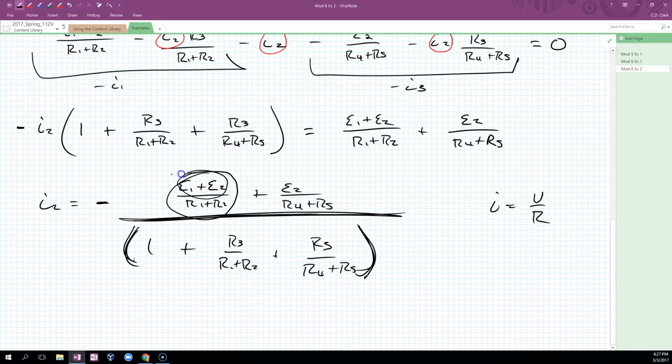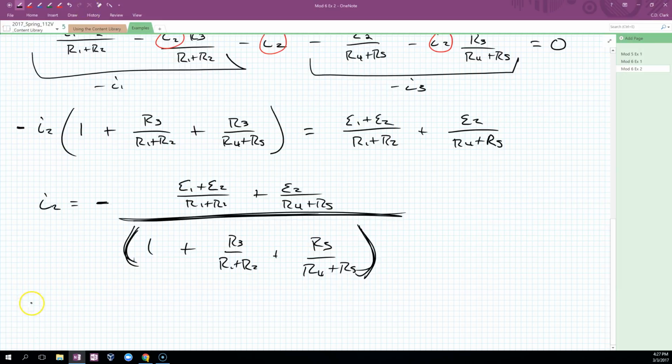A voltage plus a voltage is a voltage, a resistance plus a resistance is a resistance, so that is volts over ohms. Same thing here, volts over ohms. Down in the denominator, I've got 1, which is dimensionless, and resistance over resistance terms, which are dimensionless as well. So the denominator is dimensionless, and the numerator has dimensions of voltage over resistance. So dimensionally, everything looks good.